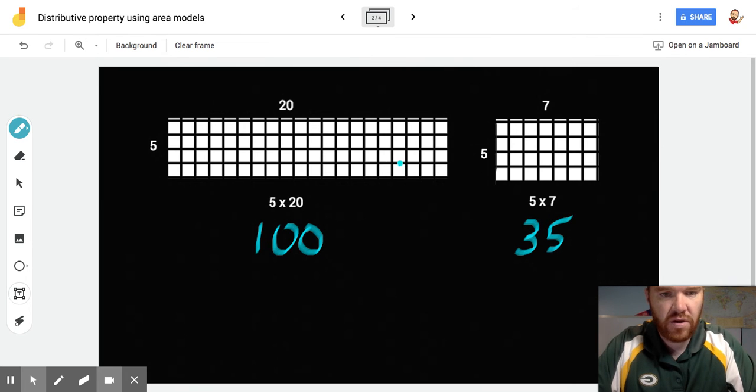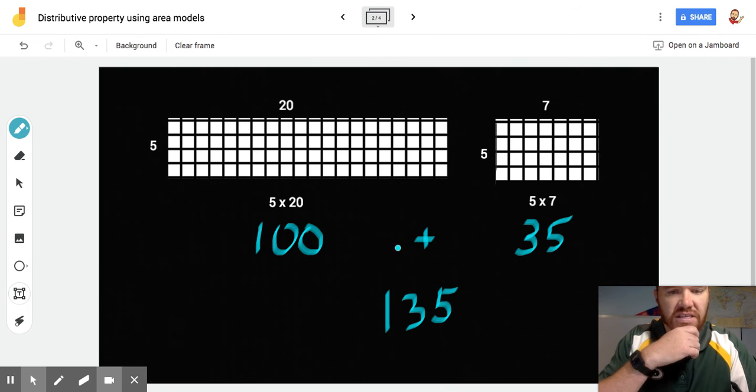And if I was going to put these together, I would easily say, okay, well, I'm going to add those. 100 plus 35 is going to give me the 135. All right, same area, add them together.